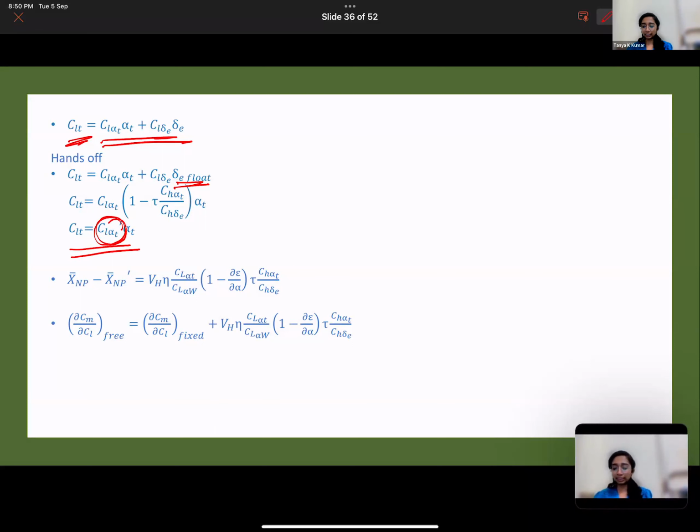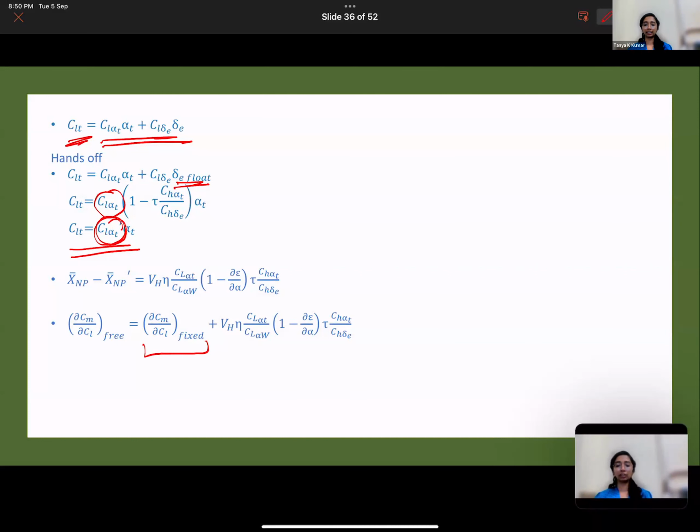For your stick fixed case, it will be CL alpha tail. For stick free case, you will have the CL alpha T prime. Similarly, for the neutral point and your static margin, they will change. Now your dCM upon dCL fixed, is it positive or negative? dCM upon dCL is something related to static margin.